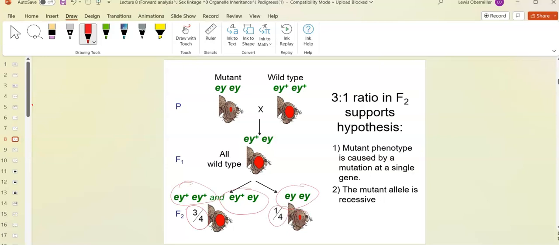So that would tell us not only that it's in a single gene, because we get that 3-to-1 ratio, but also that it's recessive, because we get 3/4 of the wild type and 1/4 with our mutant condition.